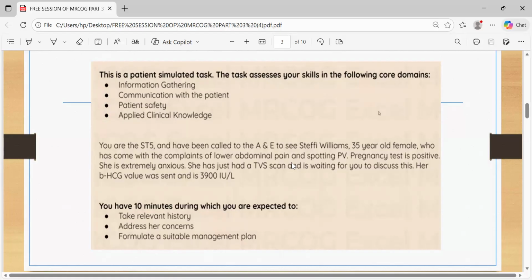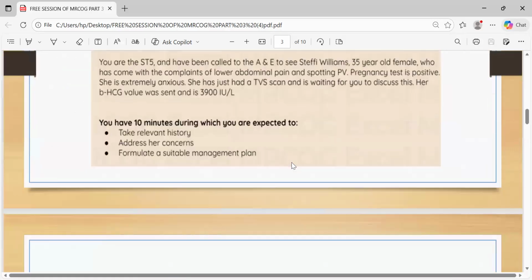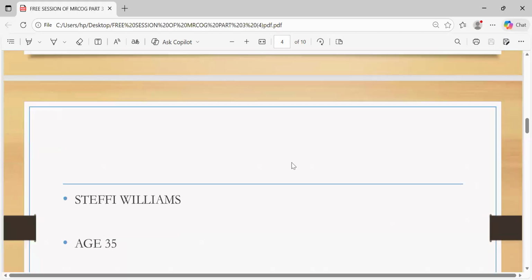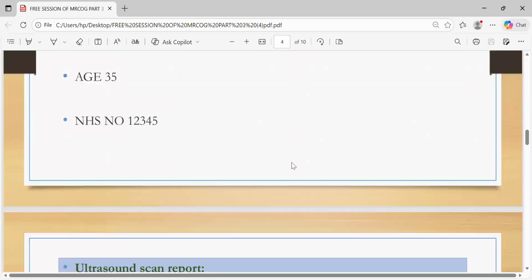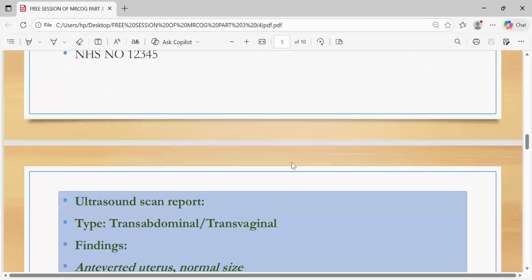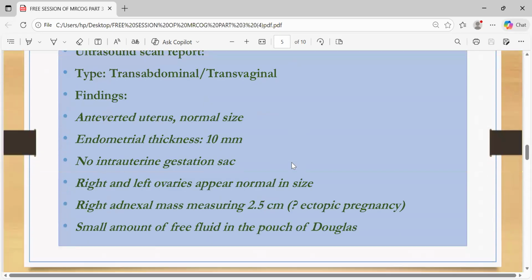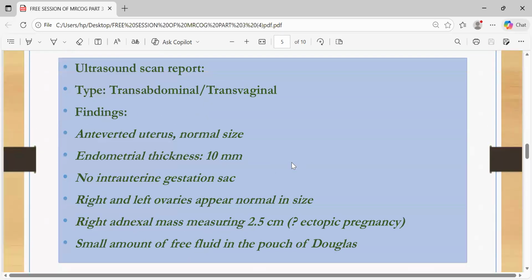She has just had a TV scan and is waiting for you to discuss it, and the beta HCG value was 3900. Okay. So what information did we get from this case? This is a simulated patient task of Steffi Williams, 35 years of age, who has presented to us with pain and bleeding in the department, to discuss the scan. Her pregnancy test is positive and the value is given.